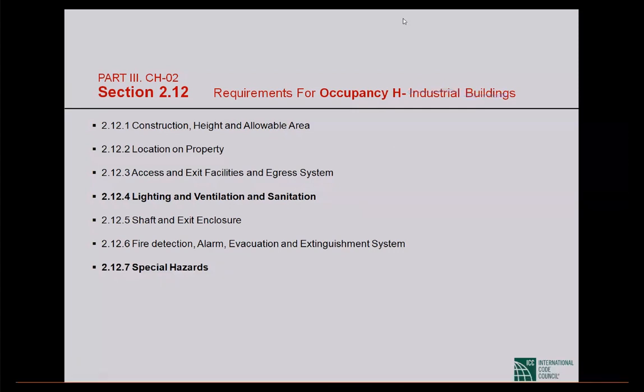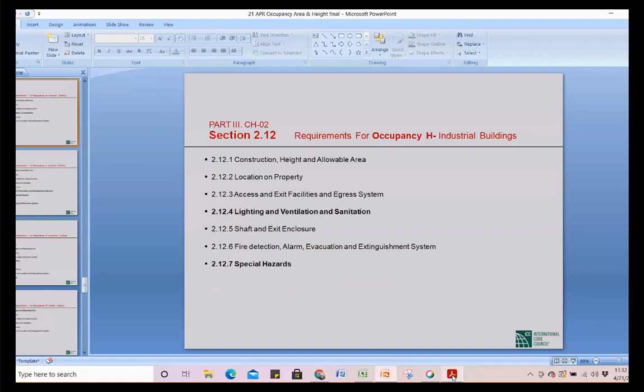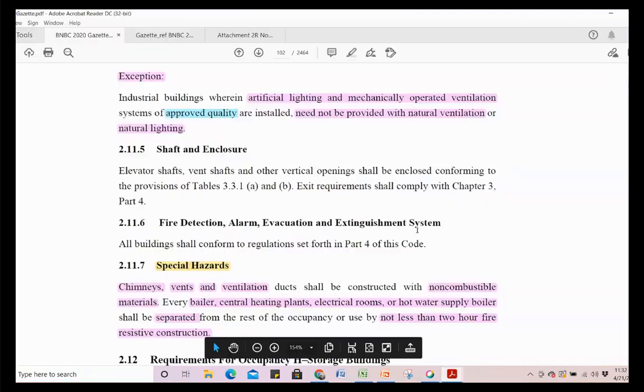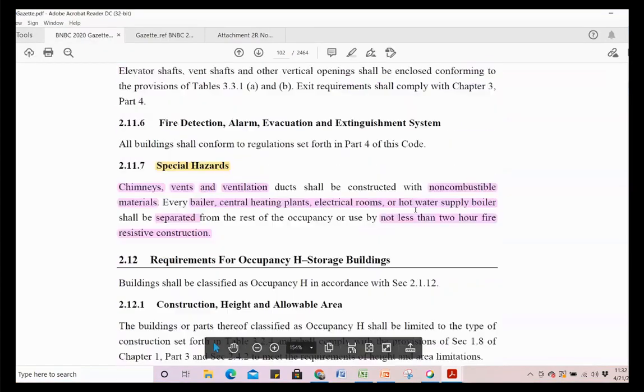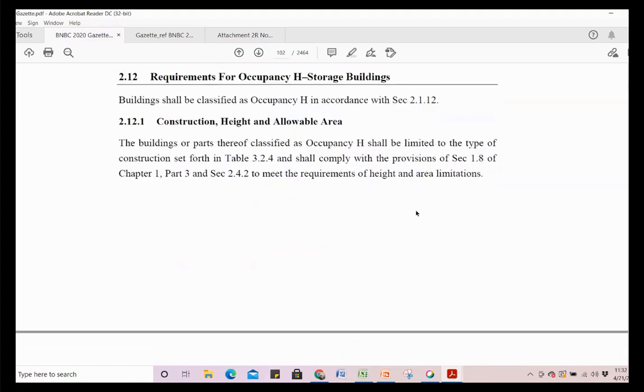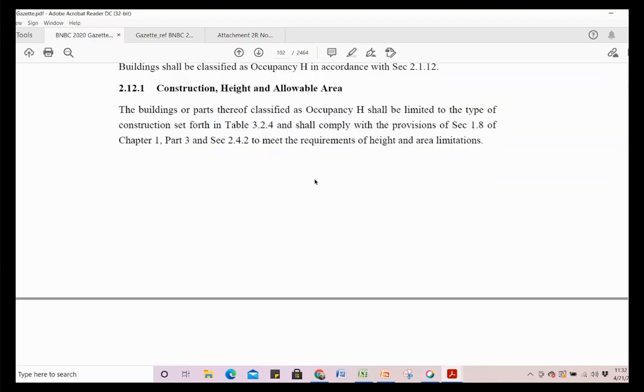So let's move to the detail of occupancy H. Occupancy H is for storage buildings. It has a general statement, like all occupancies, for construction height and allowable areas, referring to the same points of references.